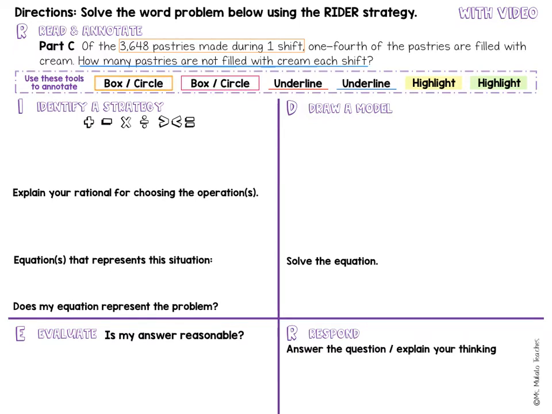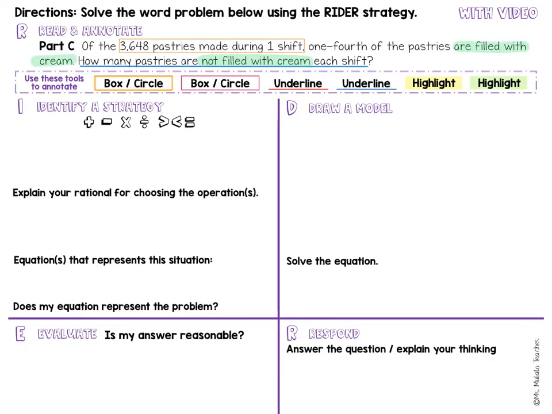Let's continue reading. 1/4 of the pastries are filled with cream. So our question is asking us how many pastries are not filled with cream. So I'm going to highlight the words not filled with cream. But if we pay really close attention, here it says 1/4 of the pastries are filled with cream.